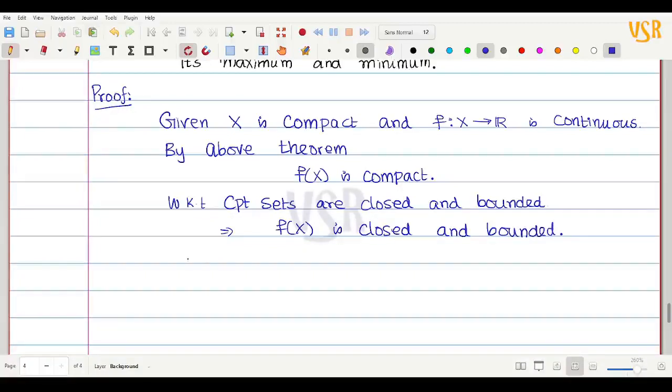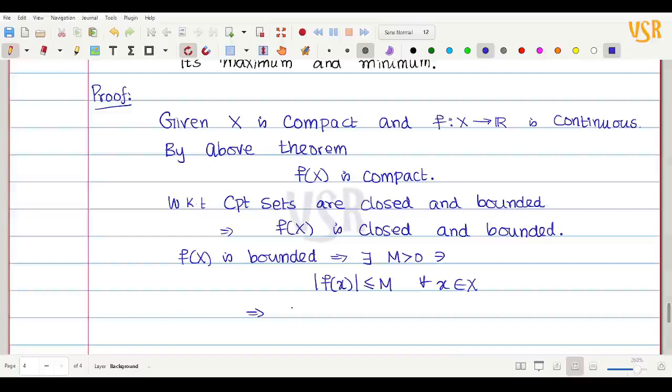What does bounded mean? f of capital X is bounded. If it is bounded, it implies that there exists some positive M such that all the elements in it satisfy modulus of f of x less than or equal to capital M for every x belongs to capital X. So this implies that f is a bounded function.